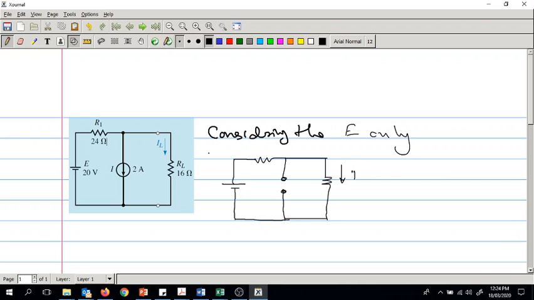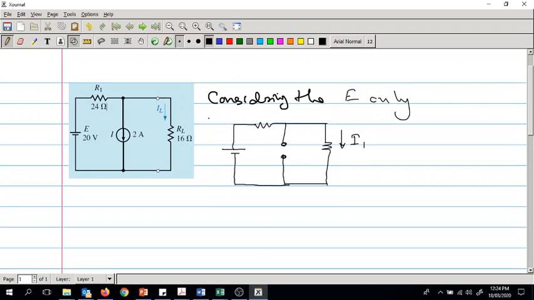So let's label this as I1. Now this is R1, which is 24 ohms. E is 20 volts, and RL is 16 ohms. Now once you remove the current source, you see a circuit which is a closed loop, and I1 is the current that goes through both the resistors.